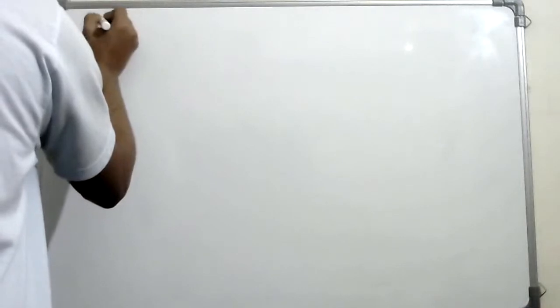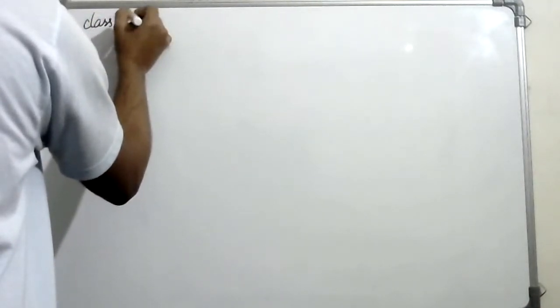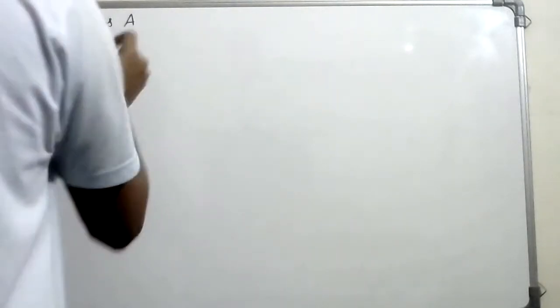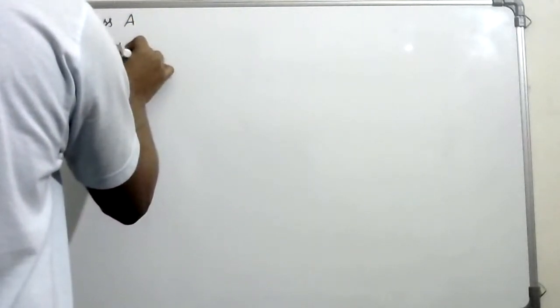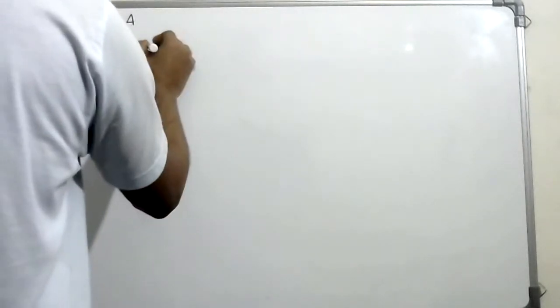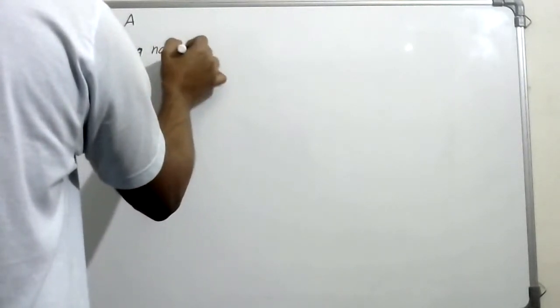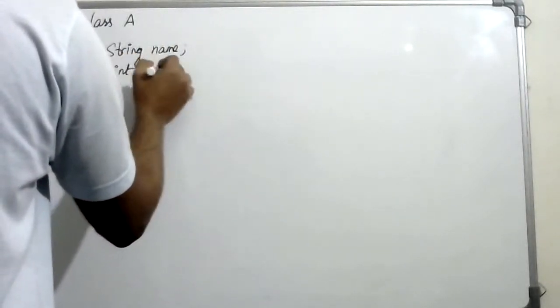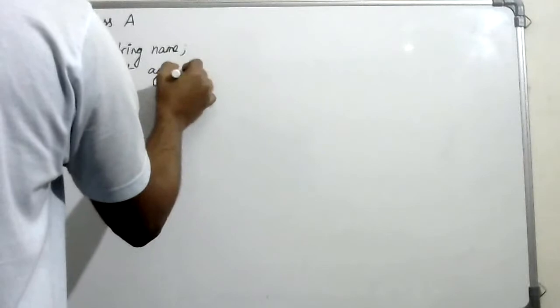Let's say we take the same class A. Let's say we have the same variables, string name and int age.